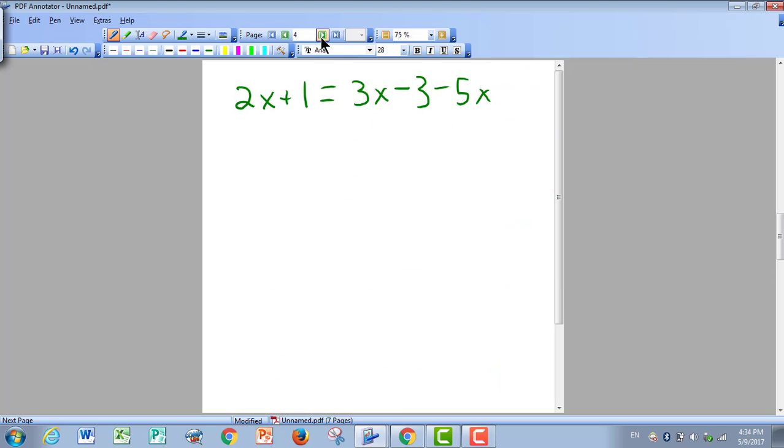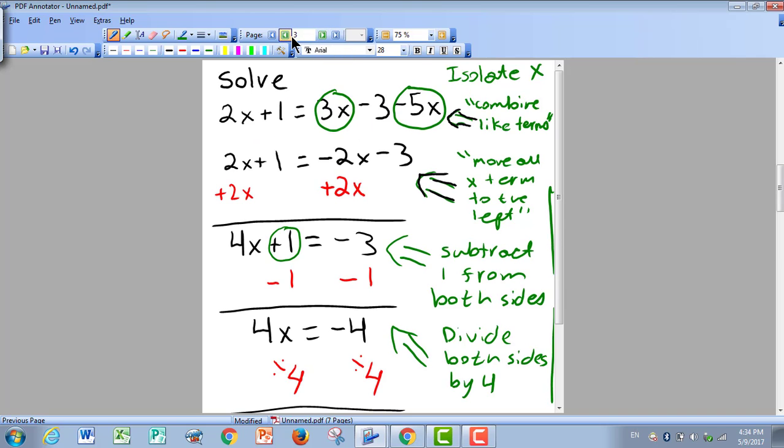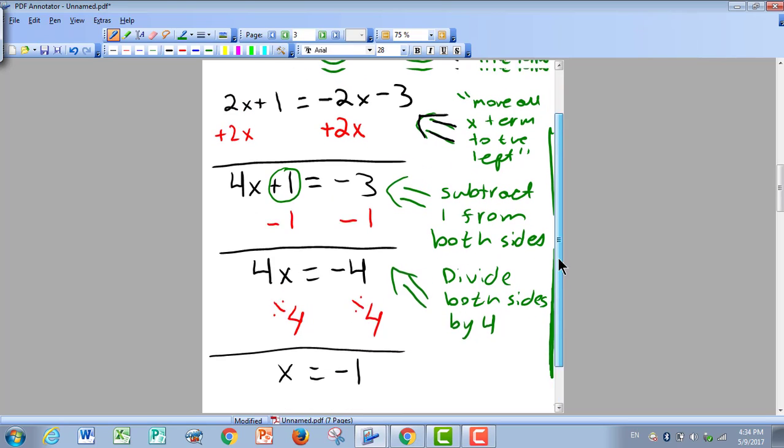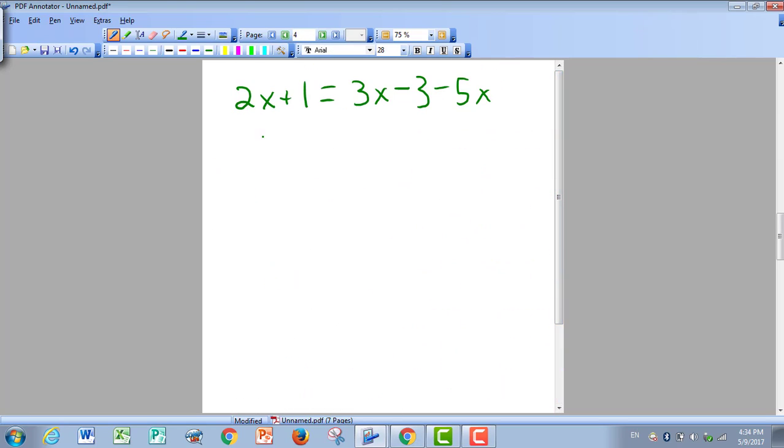Right, okay, good. And I got my answer to be minus 1. So instead of x, I'm going to put in minus 1 to all the places that I had x. And we put a question mark because we want to see if the left side equals the right side. That's the goal. We don't know if it's going to.